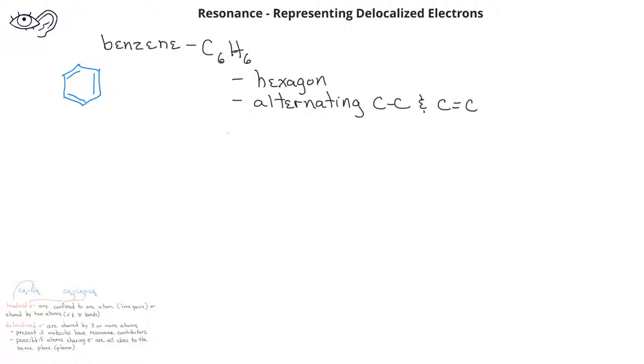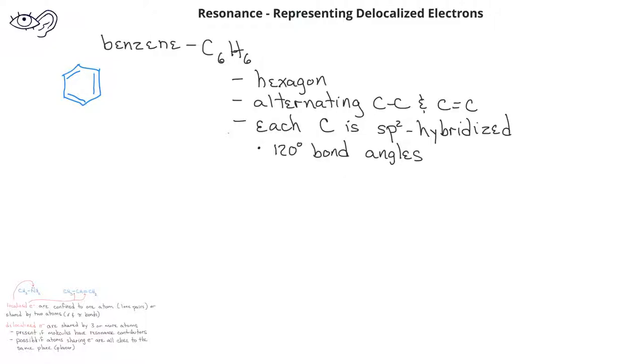In addition, each of the carbons is sp2 hybridized, and as we've learned previously, sp2 hybrid carbons have 120-degree bond angles. When we have 6 of these in a ring with 120-degree bond angles, we get a nice flat planar hexagon.